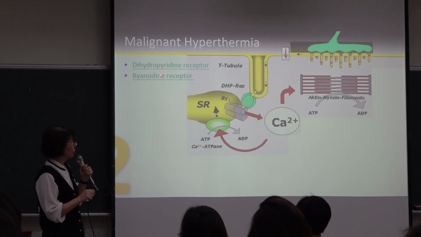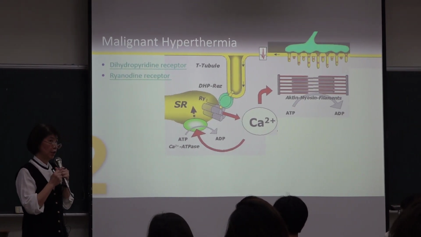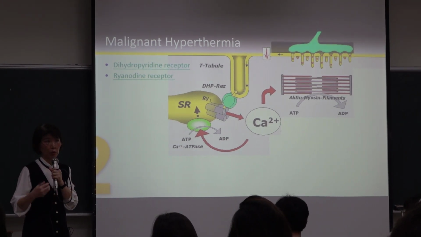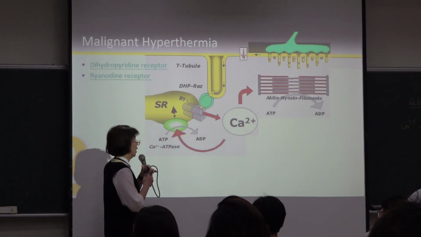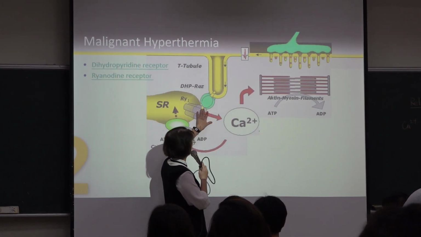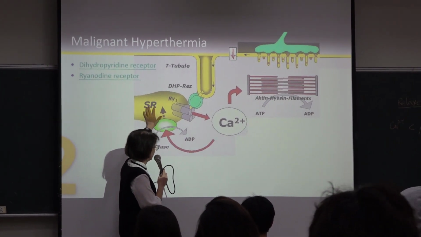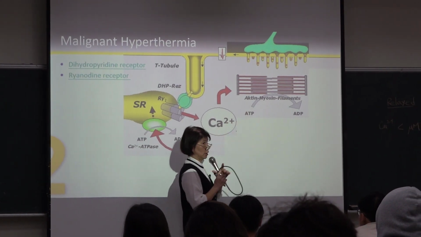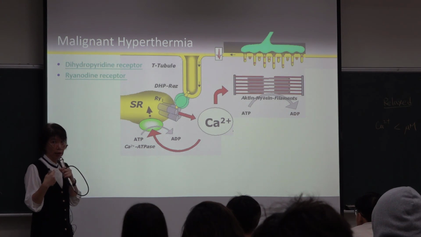When the ion channel has mutations, it cannot close. It will be turned on all the time, means it opens all the time. If it opens, calcium enters the cell, calcium is also released to the cytoplasm, so it triggers muscle contraction. The muscle cannot stop. It keeps contracting, right?